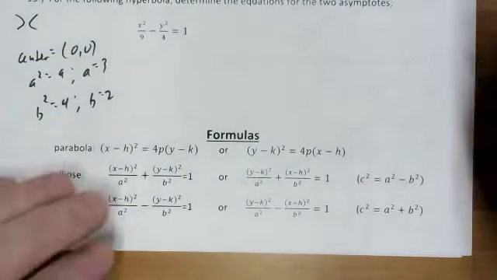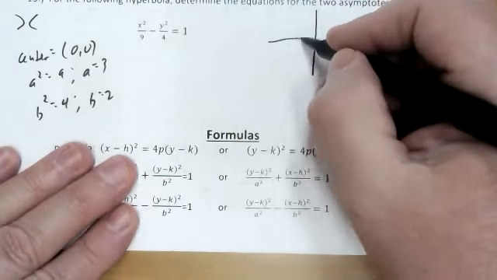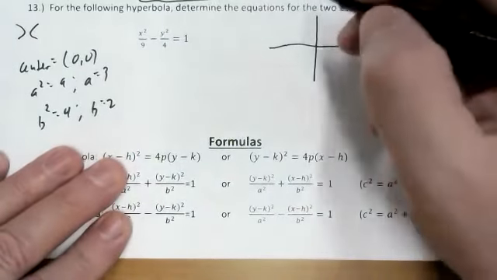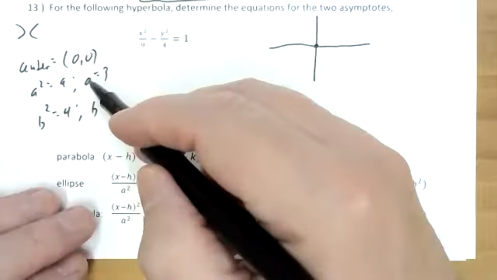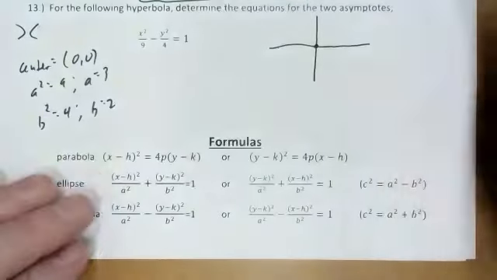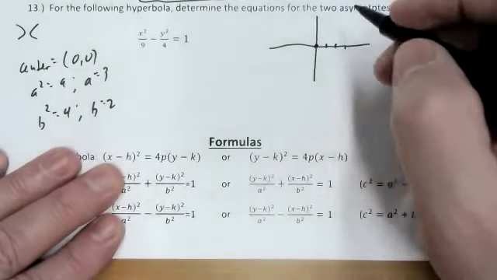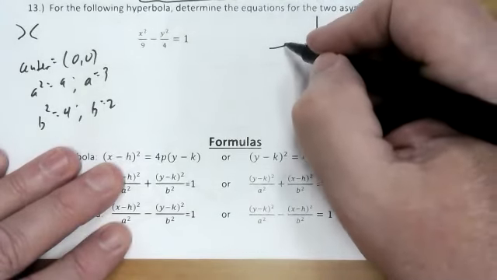So now what I'm going to do, let's go make a sketch. And once I make a sketch, then I can see about figuring out these asymptotes. So here's the center. I'm going to move A left and right since it's a left-right hyperbola. 1, 2, 3. Then 1, 2, 3.